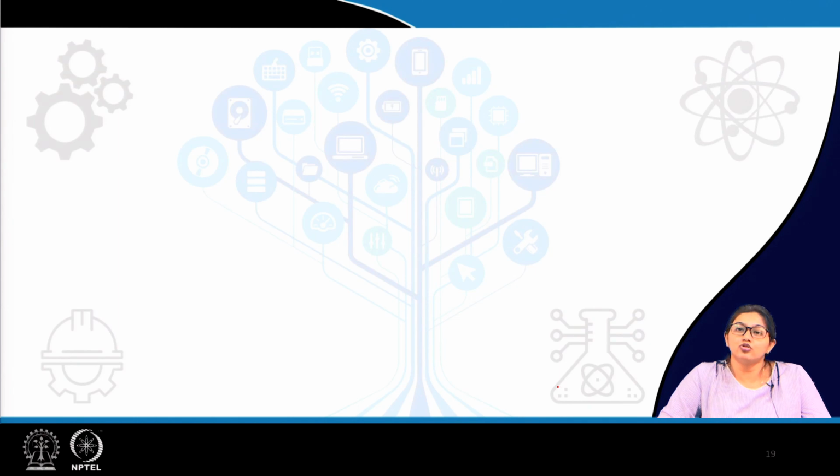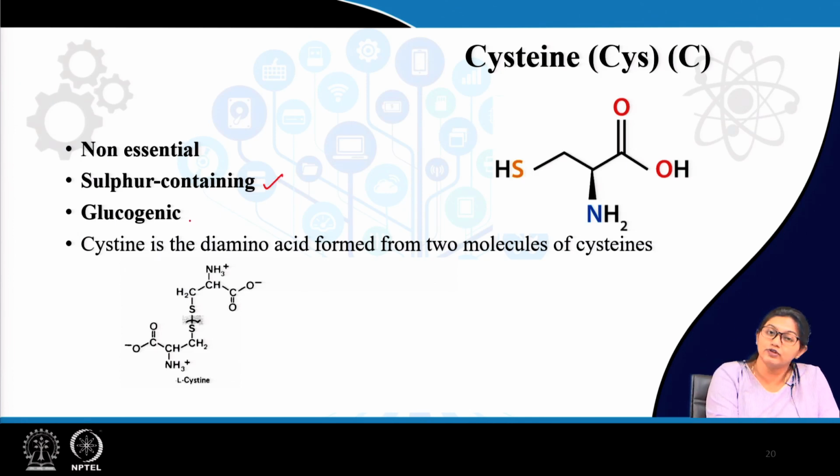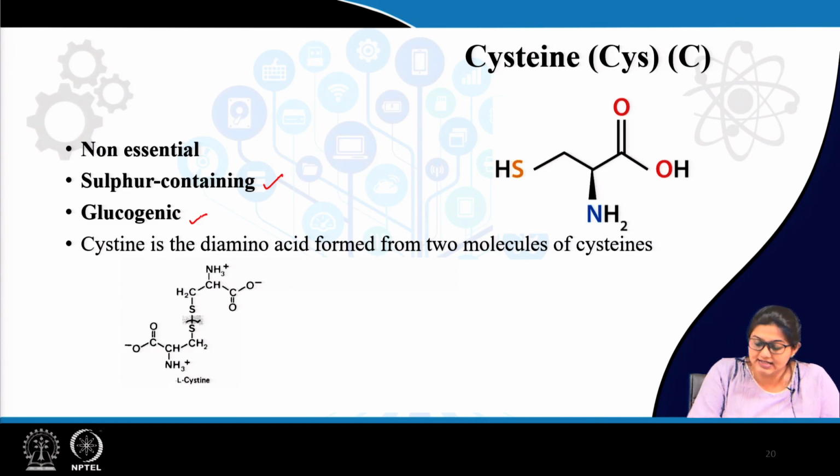Next, we will move on to cysteine metabolism. Once again, cysteine is another sulfur containing amino acid which is also glucogenic, but remember cysteine is a non-essential amino acid. So, basically cysteine can be formed in our body, and we have already discussed that cysteine is actually formed from methionine. Now, as I have told you already, cystine is the diamino acid form of cysteine.